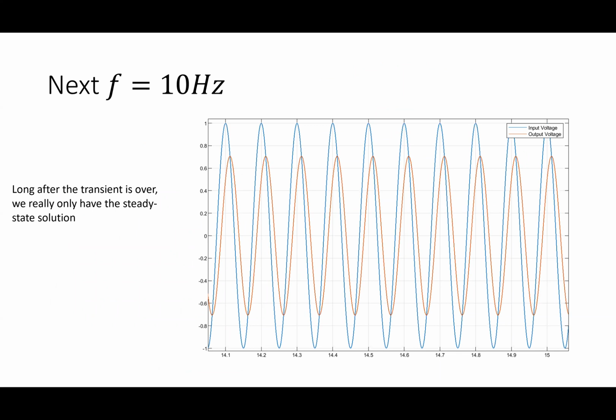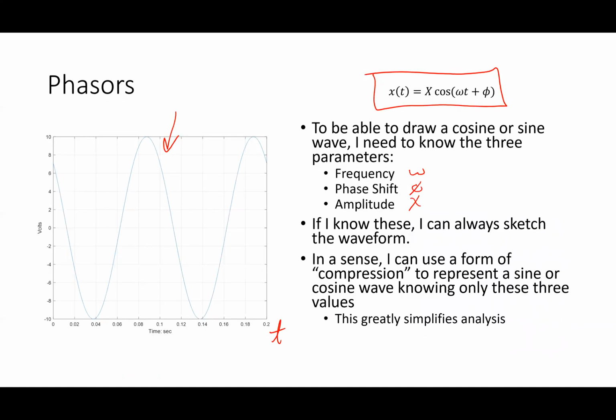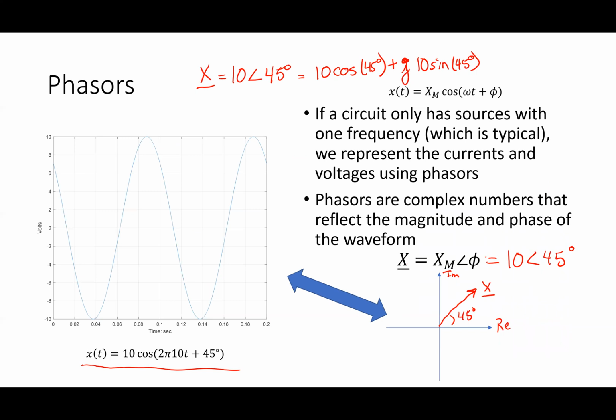Amplitude change, yep. Phase shift. So if those are the only two things that happen, I can just track what happens to the phasor of that circuit. I pull out the amplitude and the angle, and I just track those.